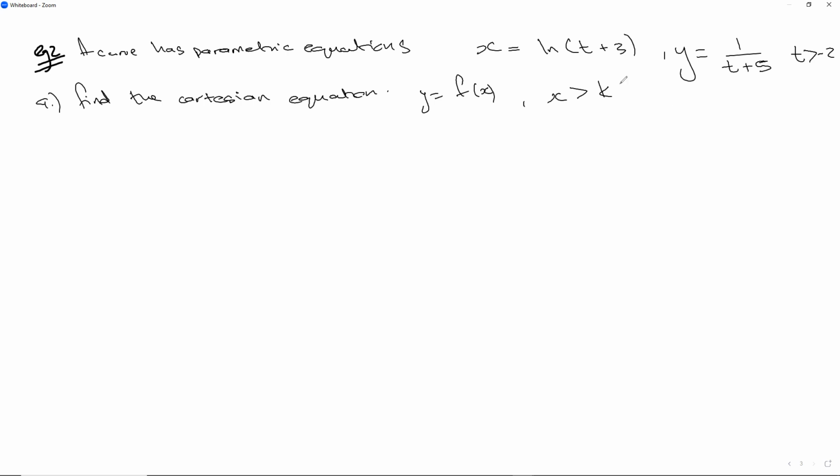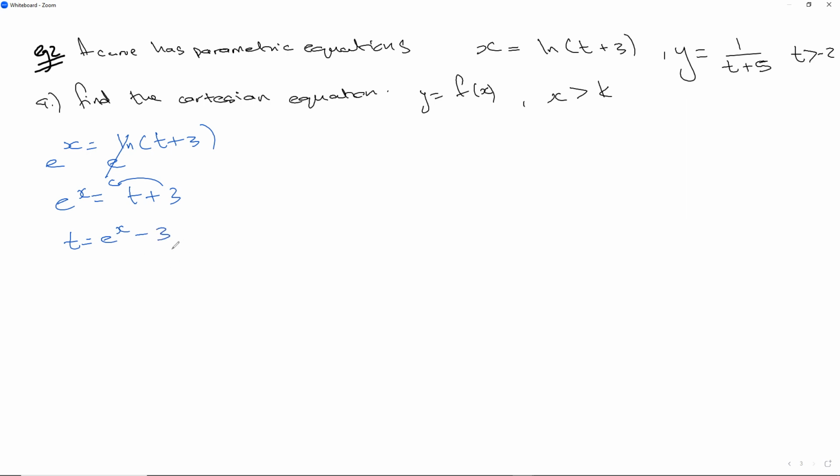So we take the first equation, x equals ln t plus 3, and we have to make t the subject of the formula. We raise both sides as a power of e, and in that way we cancel out the ln, giving me e to the power of x on the left and t plus 3. Then subtracting 3 on the other side gets me t equals e to the power of x minus 3.